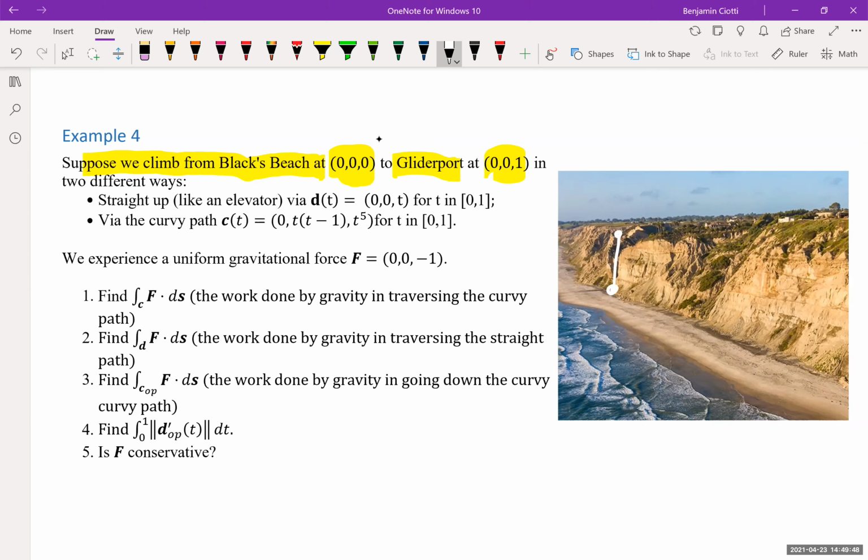You can move in a straight line path, which I labeled as D(t). So that's the first path. Or you can go on this curvy path, which I called C(t), and it looks something like that.